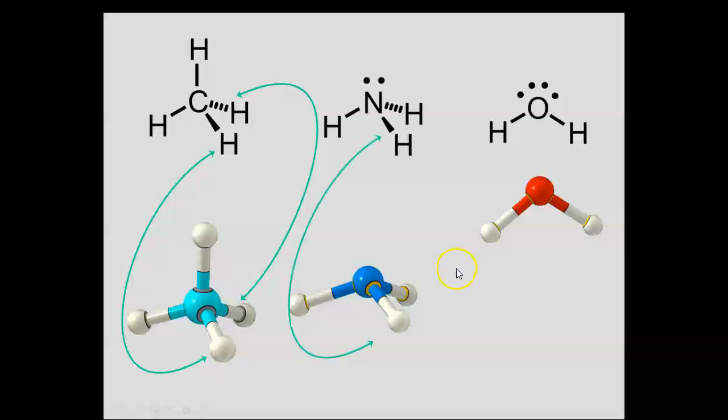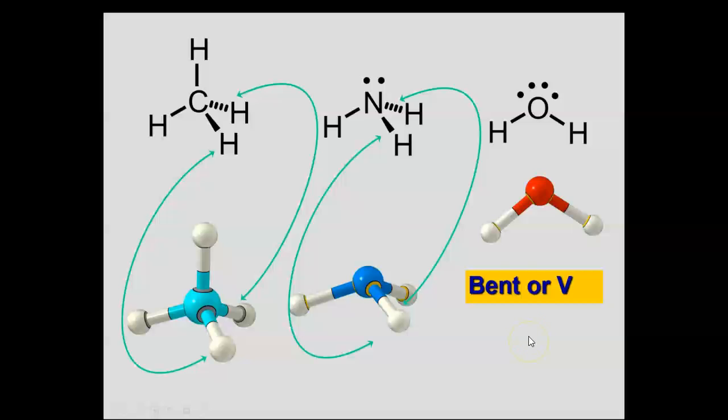Same thing over here with the ammonia molecule and the water molecule. You don't usually have to fool with that, because it's kind of hard to show these things being anywhere but where you put them. But you know that this is a three-dimensional structure, and the lone pairs are here behind the screen and here in front of the screen.